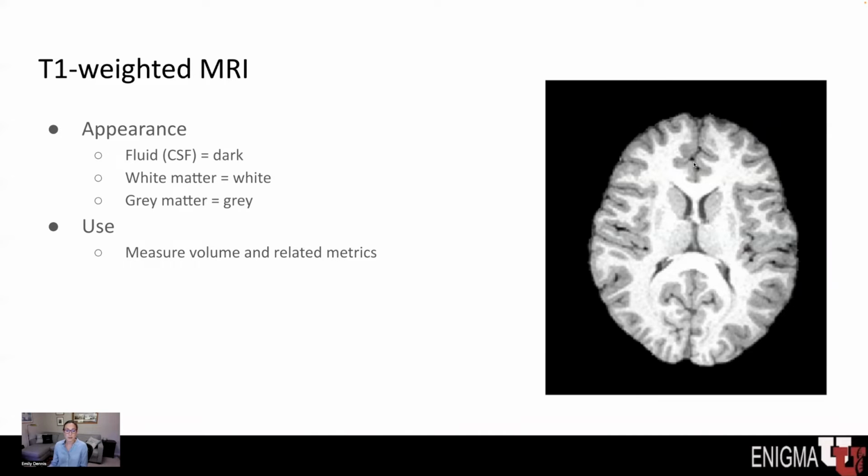And this can be used to measure volume and related metrics like cortical thickness and surface area, and is often used as a registration target for other images, so that you can know that you're looking at a particular brain region when you're looking at a different type of imaging. You can bring all of them into the same space so that you have multiple different types of pictures of the brain all together.